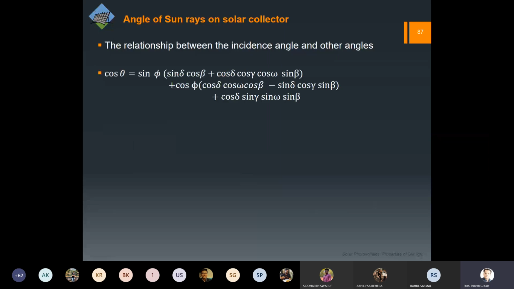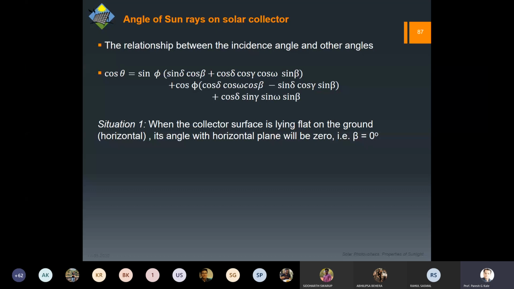So the point is the complete relationship. What we saw a few slides back was a shortened relationship. This is the complete relationship for cos theta. Now, when we are talking about fixed panels, we have some situations. First situation, for comparison, let us say that we don't know any optimization, and we think that we will keep the panel flat and find out what the radiation will be.